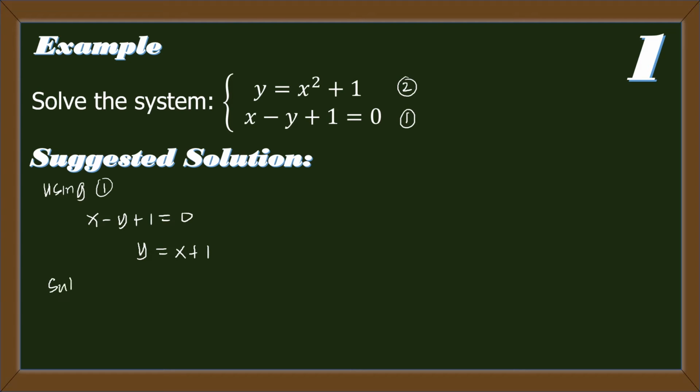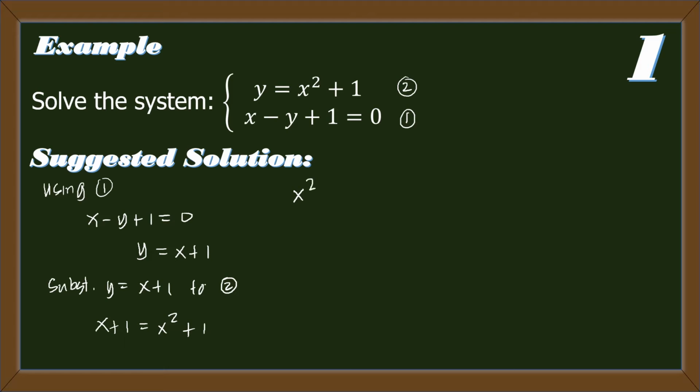Next, we're going to substitute y is equal to x plus 1 into equation 2. So from y is equal to x squared plus 1, we now have x plus 1 is equal to x squared plus 1.